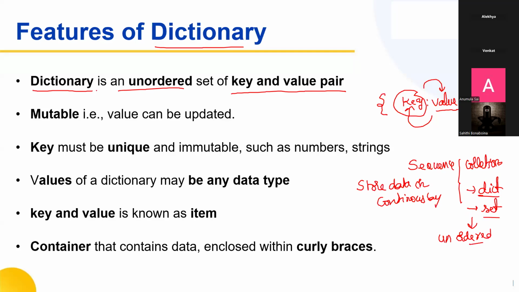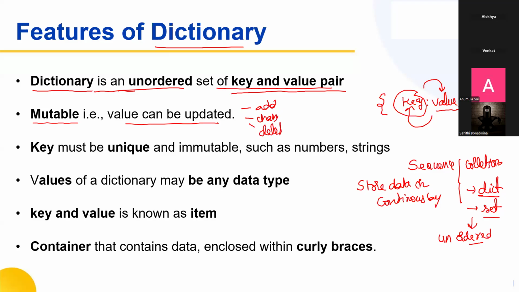So the first point is that a dictionary is unordered and we store the data in the form of key and value pairs. And a very important point: whenever any interviewer asks, dictionaries are mutable. What is the meaning of mutable? We can add data, we can change data, and we can delete data.